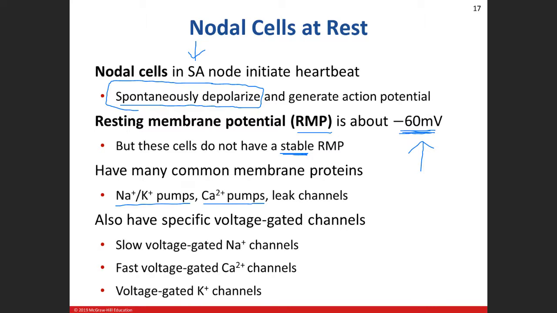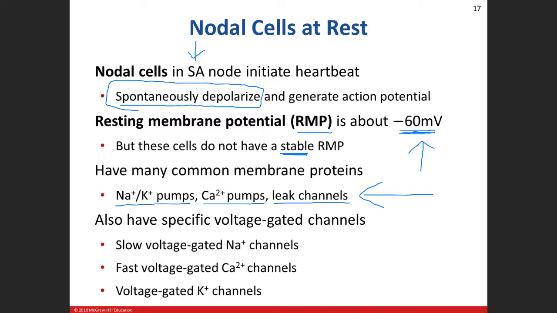Remember the synaptic end knobs have those, to pump calcium out to create that concentration gradient. In fact, all of these, even the leak channels, these 3 membrane proteins are all responsible for what we call the electrochemical gradient, and that's our resting membrane potential. Those structures are responsible for that -60 millivolt resting membrane potential, okay?